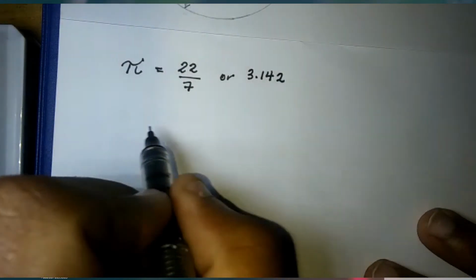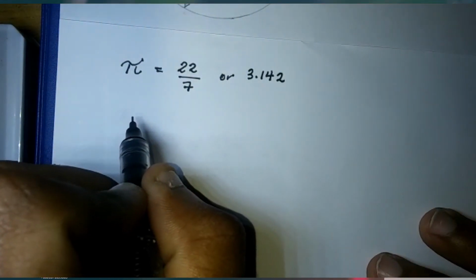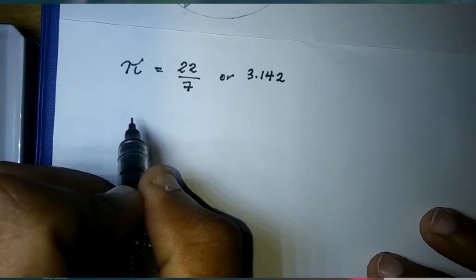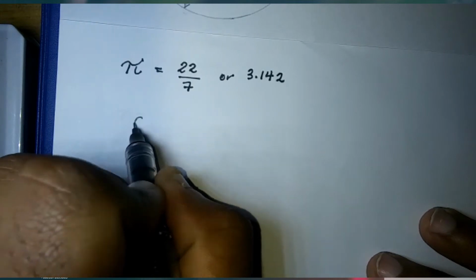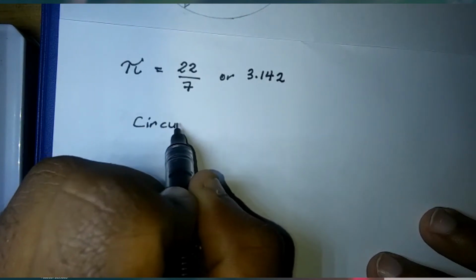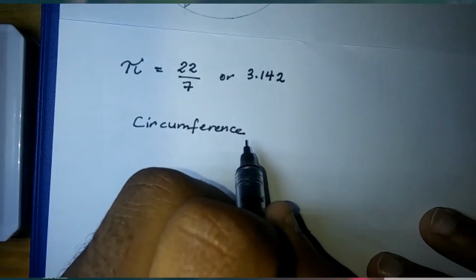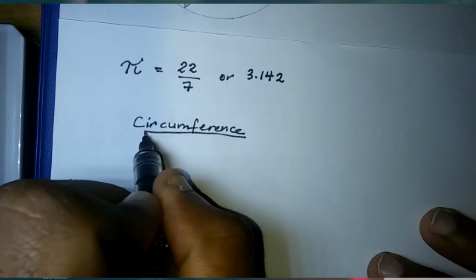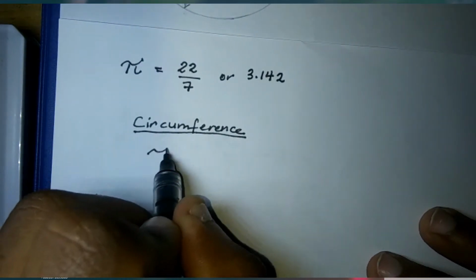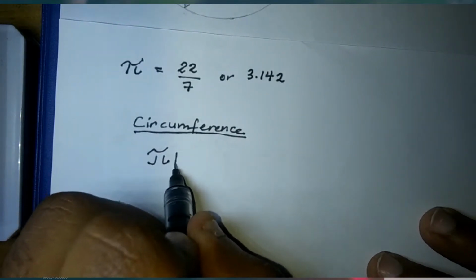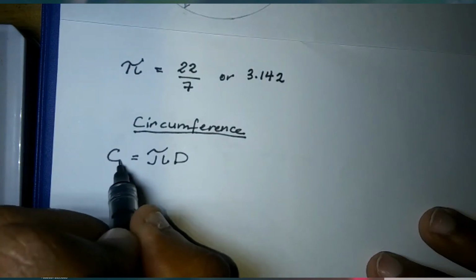So if I wanted to find out the distance around the circle, the perimeter of the circle, but because we're dealing with a circle, we don't really say perimeter, we say the circumference. So to calculate the distance around the circle, we usually say pi d, and that's equal to C, or circumference.